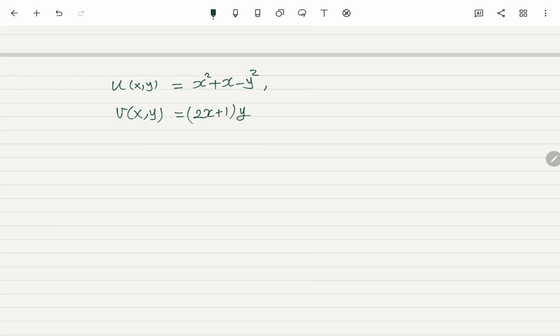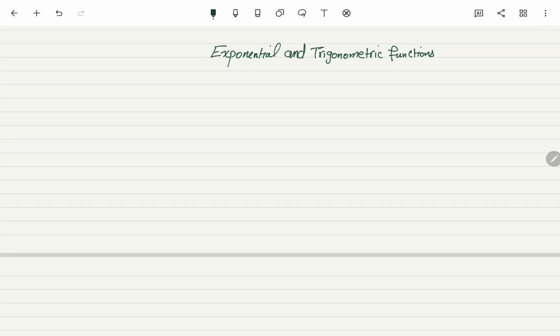Let's define the exponential and trigonometric functions. Now, if the exponential function of a real variable f(x) is equal to e to x, then the corresponding function of a complex variable z is f(z).